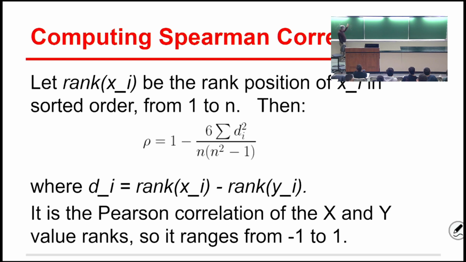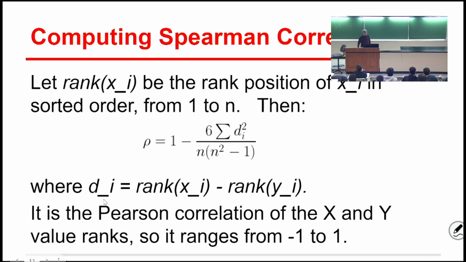And I replace the y values by the numbers 1 through n, depending upon where they fell in sorted order, right? If so, the rank of xi is going to be the position of xi in sorted order.